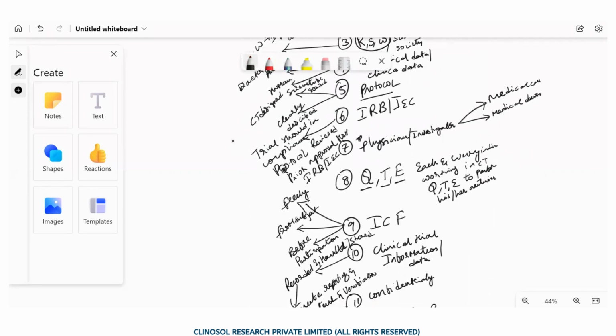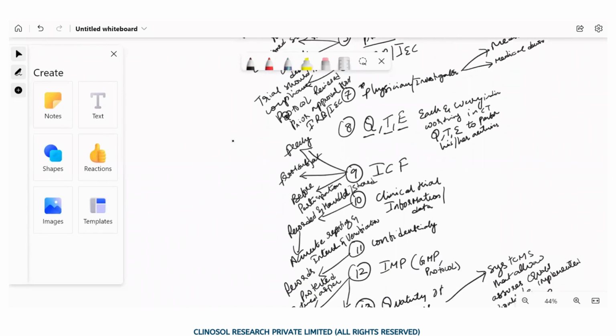Each individual working in a clinical trial should be qualified, trained, and experienced to perform his or her activities. Freely given informed consent should be obtained from each subject before participation in the clinical trial.